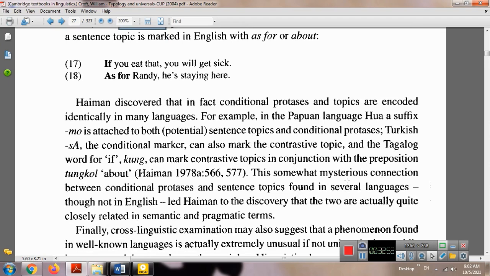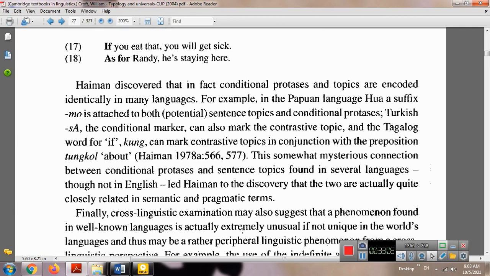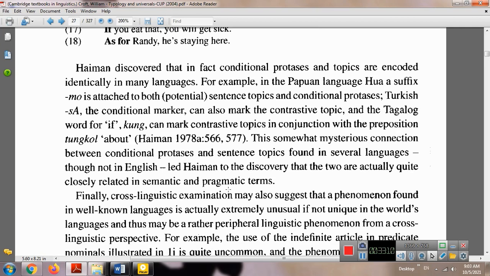This somewhat mysterious connection between conditional protases and sentence topics found in several languages, though not in English, led Haiman to discover that the two are actually quite closely related in semantic and pragmatic terms.